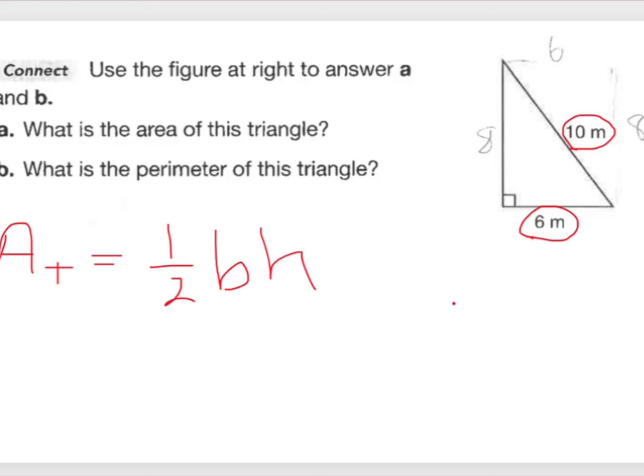Now, remember our right triangle, the most famous right triangle is 3, 4, 5. Since 10 divided by 2 is 5, and 6 divided by 2 is 3, we can be pretty sure that this one right here is 8 because 8 divided by 2 is 4.